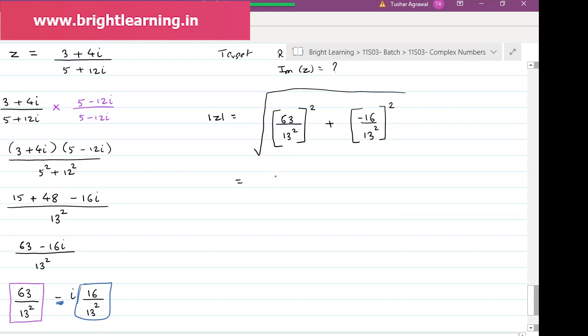So it will be 63 square upon 13 raised to 4 plus 16 square upon 13 raised to 4, under root.